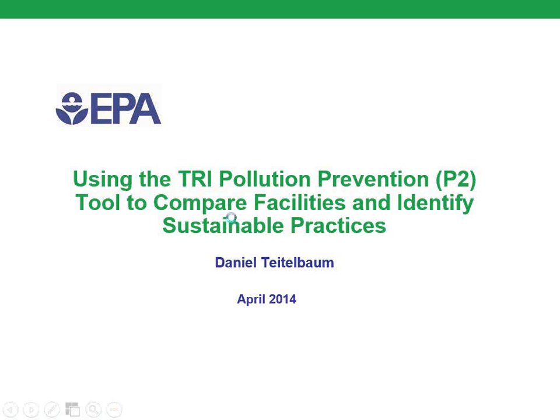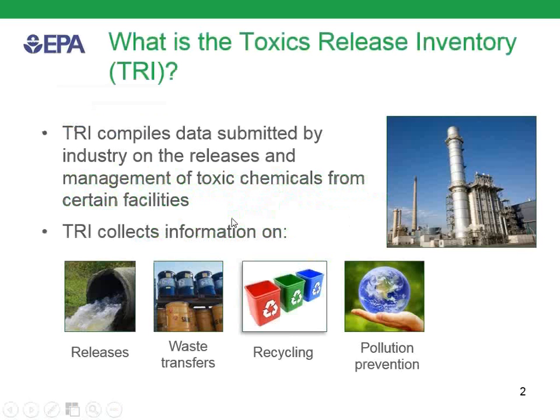So I'll just get started with the brief intro to TRI. If you're not sure what TRI is, then the rest of the presentation won't make too much sense. So I'll just cover the basics in a couple minutes. Basically, TRI is the EPA program where facilities report data to us.